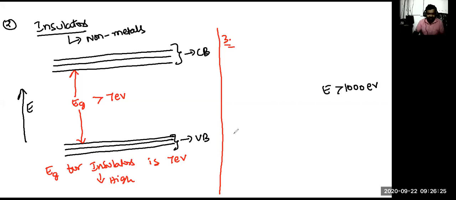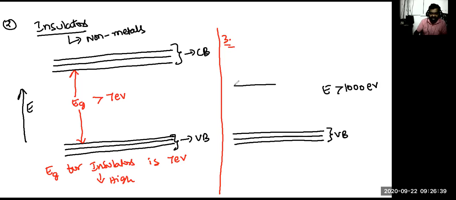Similarly, here we have a valence band, and here we have the conduction band.